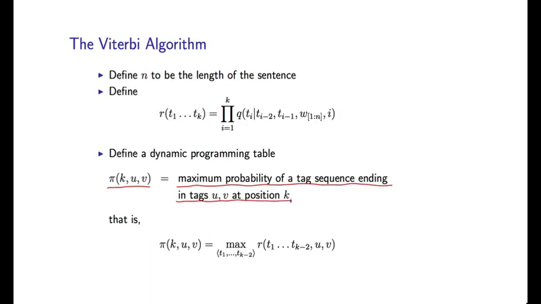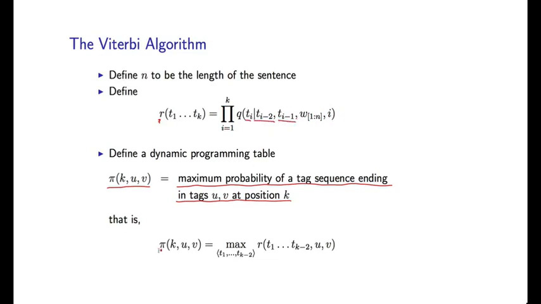So a little bit more formally, we'll define a function r, which takes a sequence of k tags, t1 through tk, and calculates their probability under the model. So notice this is basically a truncated form of the probability for an entire tag sequence. We're now multiplying through i equals 1 to k, q of ti, given the previous two tags.